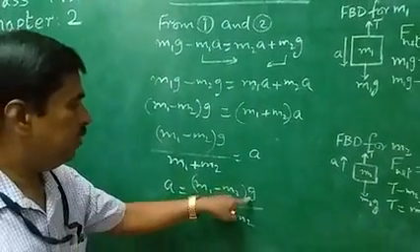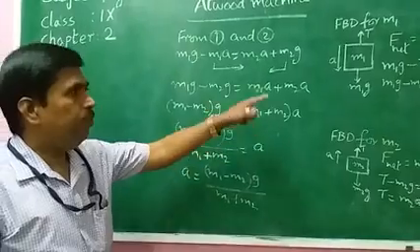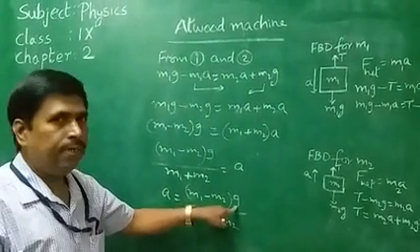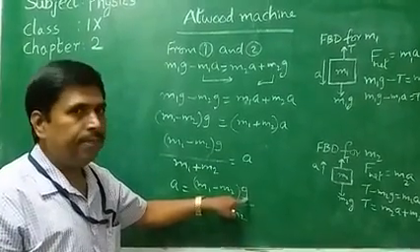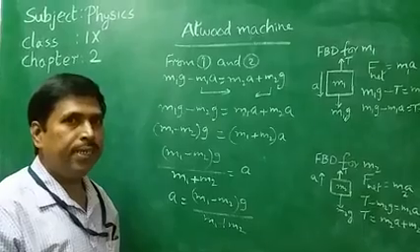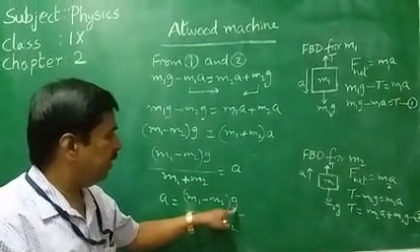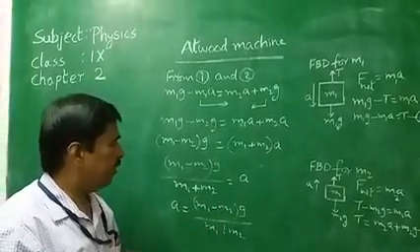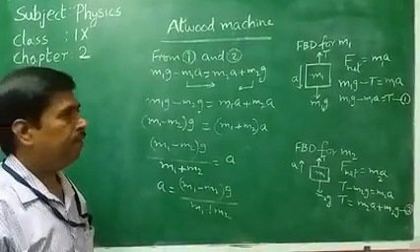If you know the masses of the wooden blocks and the constant value of g, you can take 9.8 meters per second square, or sometimes in problems they give 10 meters per second square. If you know M1 and M2, you are able to calculate the acceleration of the wooden block.